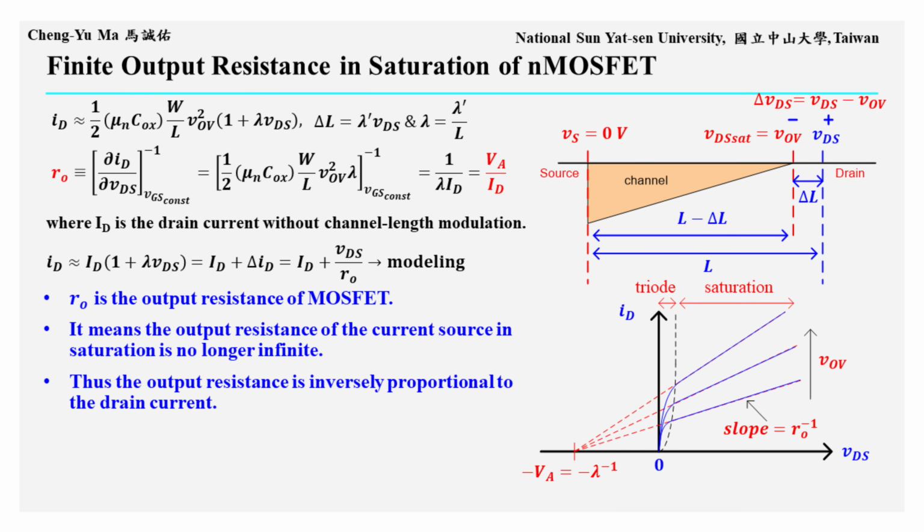This means that a MOSFET operating in saturation no longer behaves like an ideal current source with infinite output resistance. As shown in the lower right figure, when VOV increases, the drain current becomes larger and the slope of the saturation region curve becomes larger, which means RO becomes smaller. Since RO equals VA over ID, RO is inversely proportional to ID.